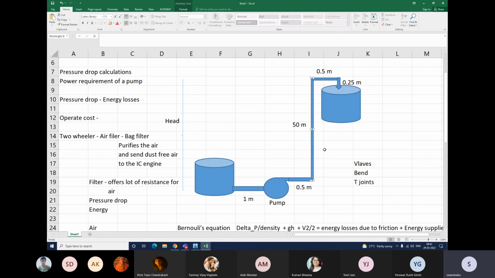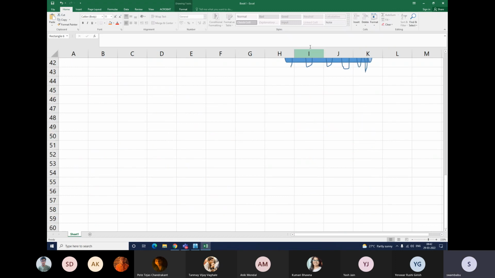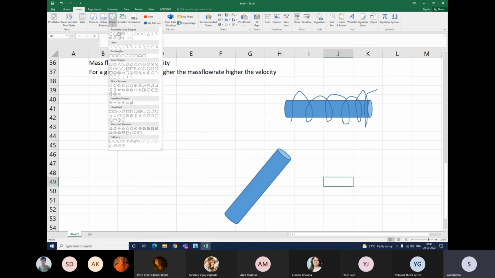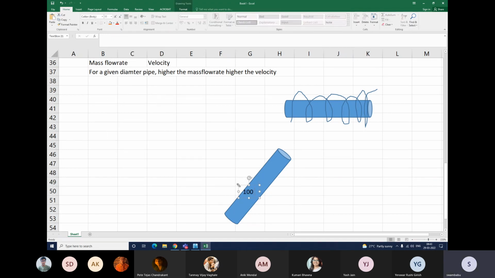Suppose we have a pipe, and let's say this pipe is at a certain angle. For this case, let's say the length is 100 meters.